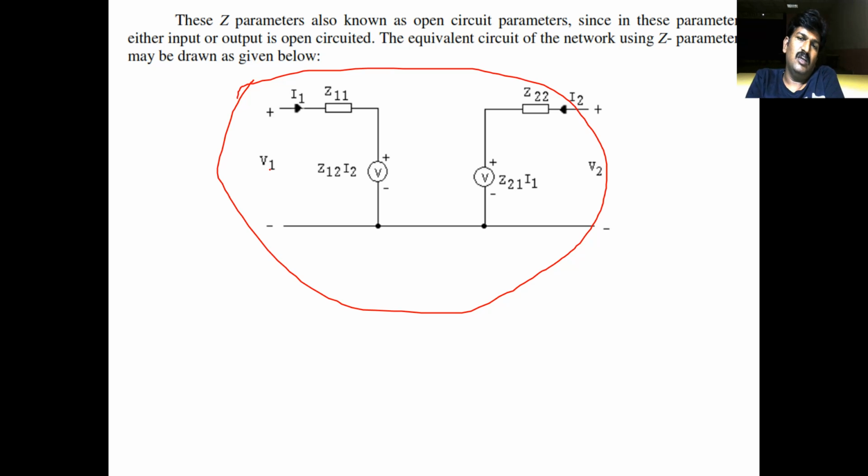Z21 is the impedance of the output circuit due to the current I1 passing through the output circuit. Z11 is the impedance of the input circuit, where the I1 current is passing through the input circuit. Z22 is the impedance of the output circuit, where the I2 current is passing through the output circuit. This is the understanding of the Z parameters.